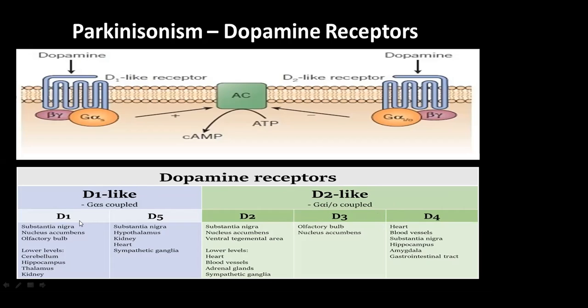For where you can find the receptors, they are tabulated here. But commonly, these receptors are found especially in the substantia nigra, where the pathology of Parkinsonism happens.